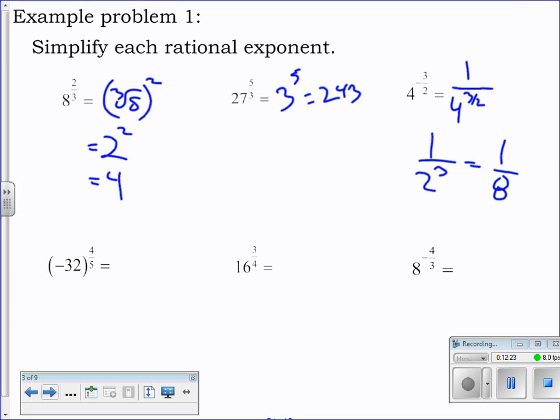But with 32, we worked with 5th roots of 32 a couple of days ago. The 5th root of 32 is 2, or sorry, negative 2, so this is negative 2 to the 4th power. Okay. And then I take negative 2 to the 4th power: 2, 4, 8, 16.